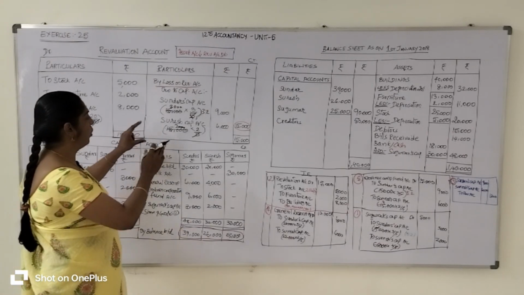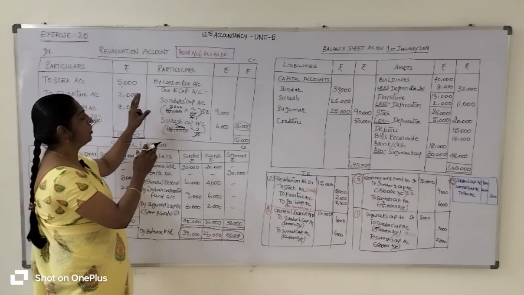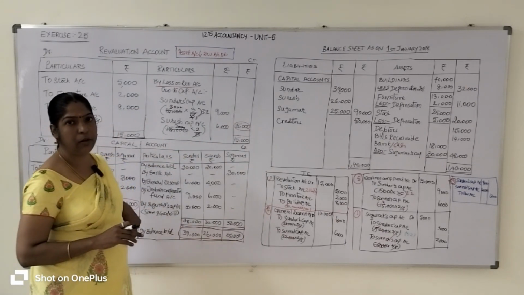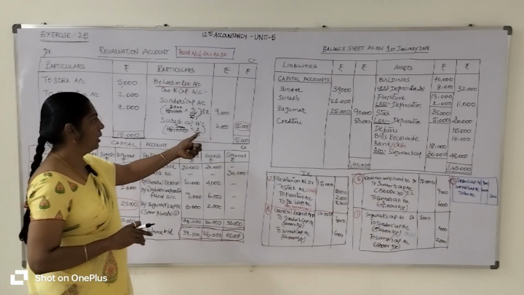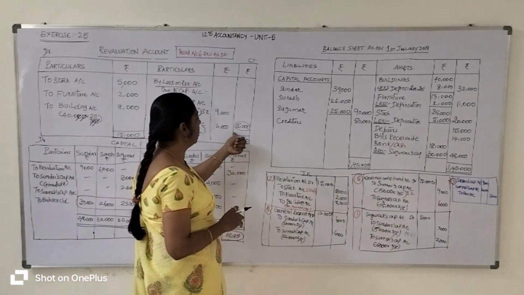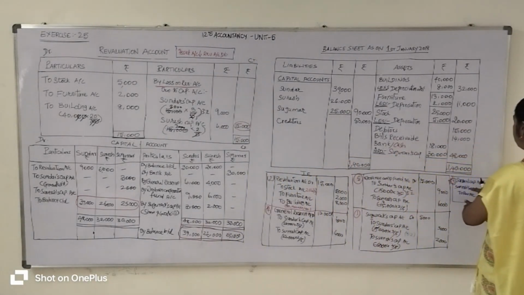Immediately you pass the journal entry. Where do you get the revaluation account balance? It shows on the credit side. So what is the journal entry? Revaluation account is to be credited. Which account is to be debited?